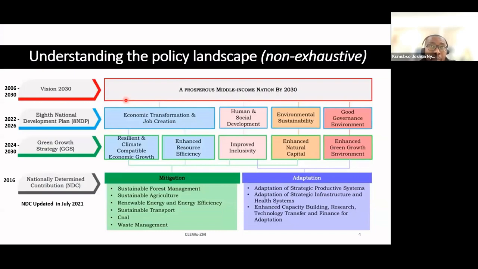You find that the problem in the local space is that a decent body of work has gone into research, but most of the outputs tend to be white elephants. And that's where I think the work that CCG and CLEWs Zambia are doing is key.